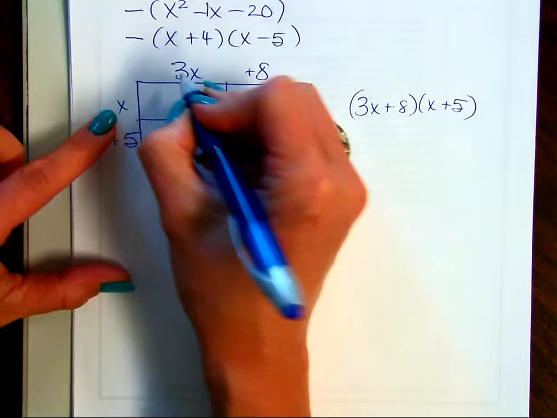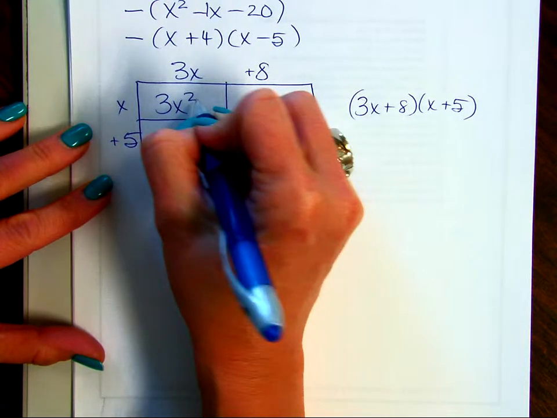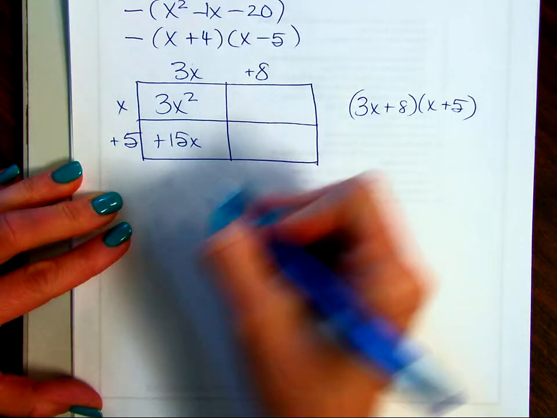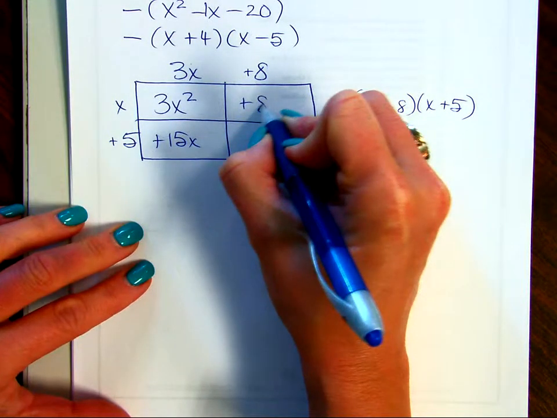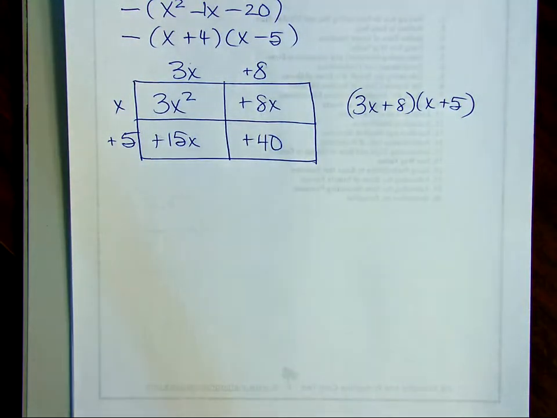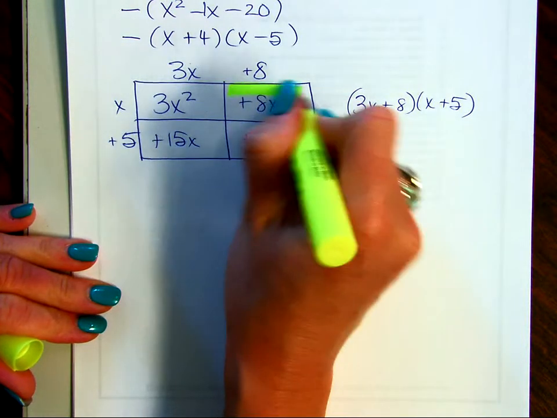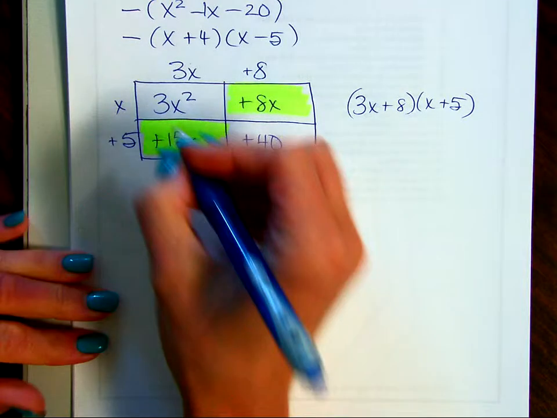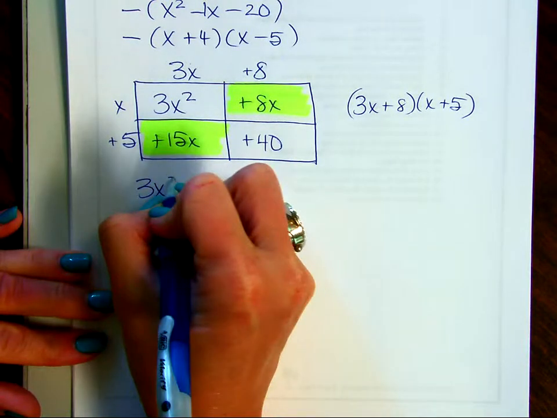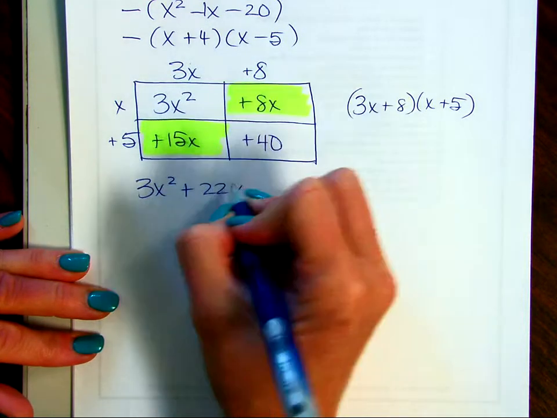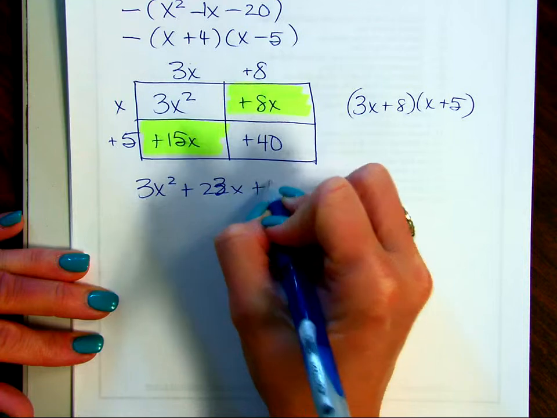So you did 3x times x and got 3x squared. You did 3x times 5 and you got 15x, right? Then you did 8 times x and you got your 8x. And your 8 times 5 was your 40. Good? Okay? Then I said combine your like terms. And your like terms were always these two corner boxes, weren't they? So your final answer was 3x squared plus 23x, I can add today, and then plus 40, right?